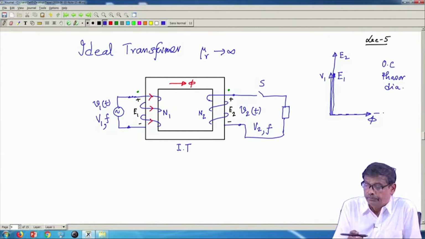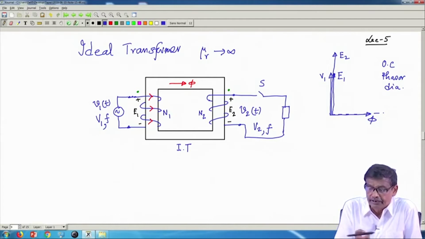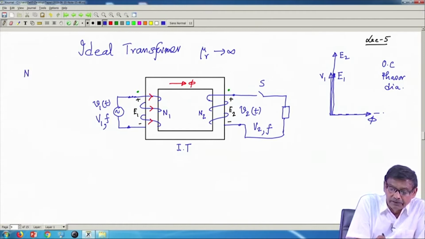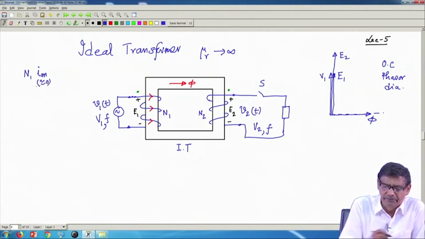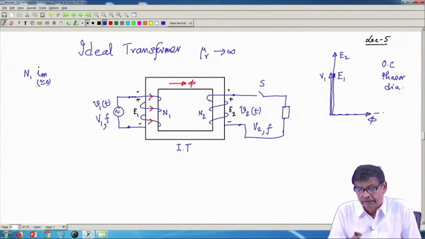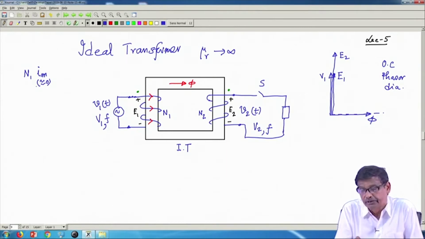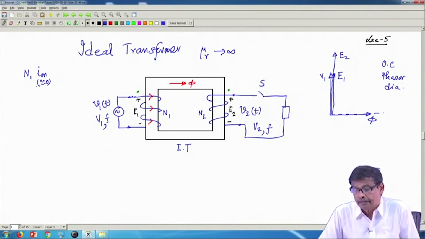Then I told you, to establish this flux phi, the MMF necessary was equal to N 1 into I m, which is vanishingly small. Okay, let it be there, but that MMF was necessary to establish this flux.